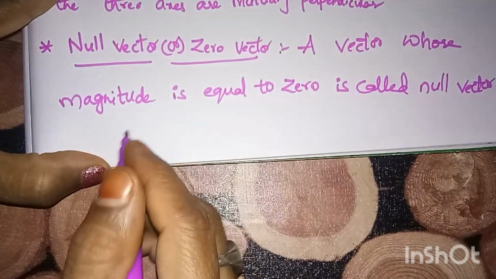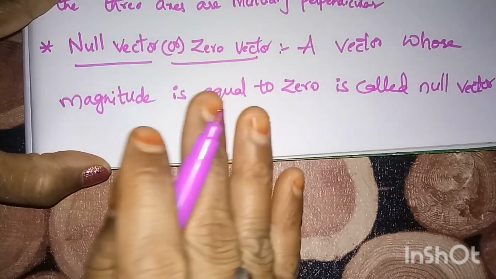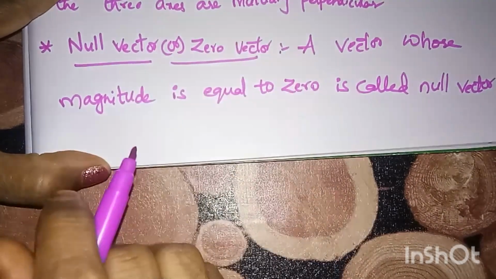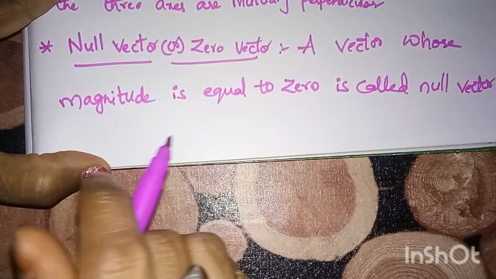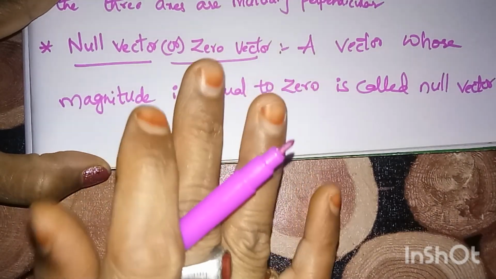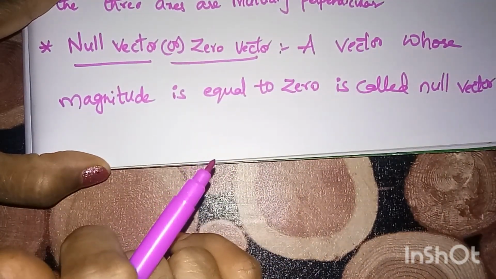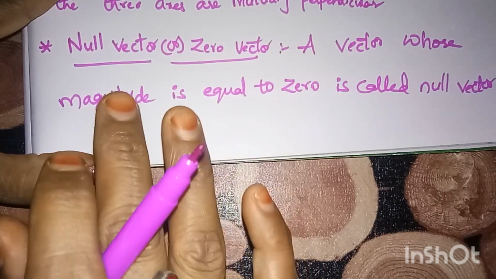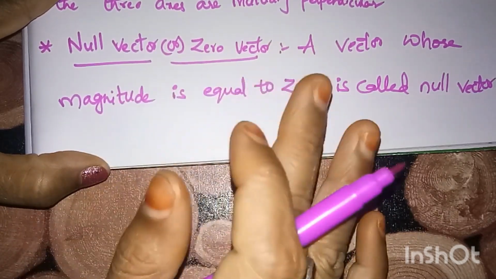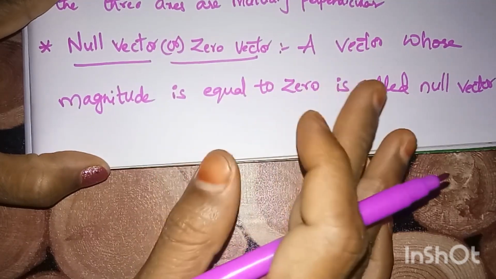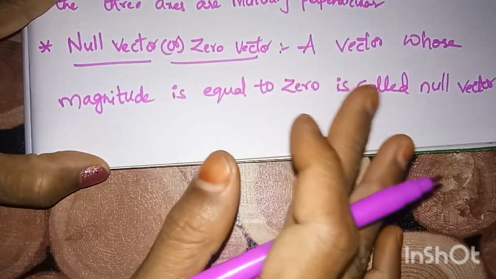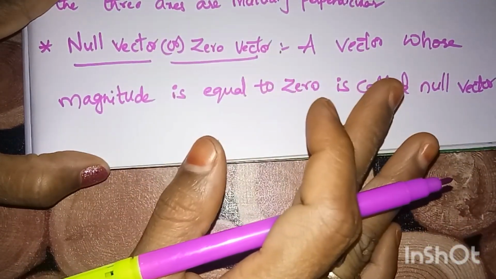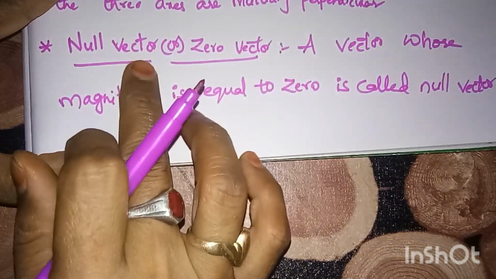Examples of a null vector: an object whose velocity is constant, or the velocity of an object is 0. Suppose an object is moving with constant, uniform acceleration, or the object is stationary; these are examples of null vectors.